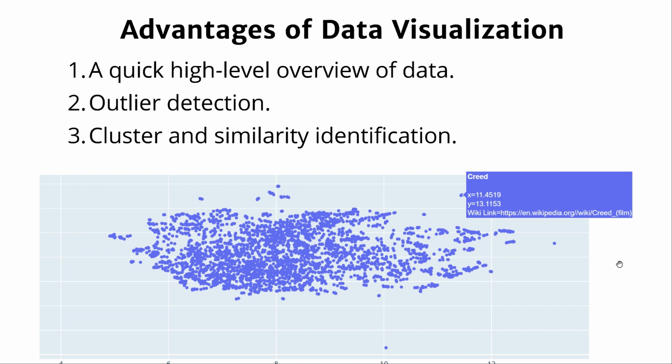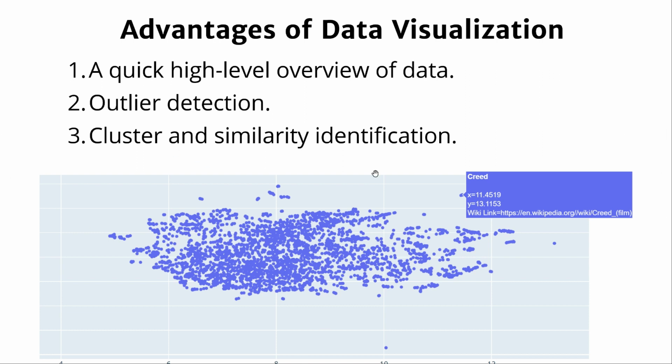You can automatically detect if there are any outliers, so that if you are training some algorithm or some other classifier, you can remove those outliers just by looking at them visually. You can identify and remove those so that they don't affect the quality of your results.